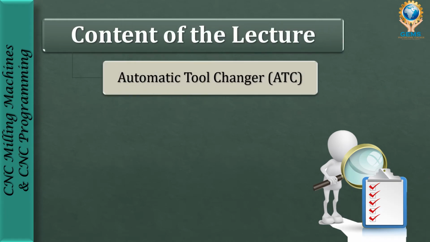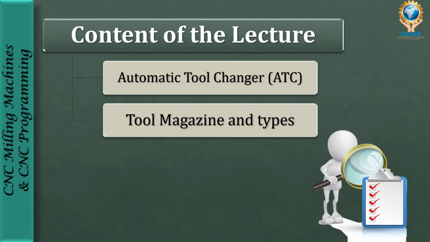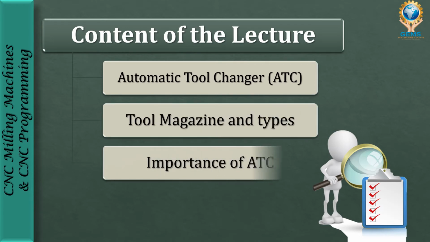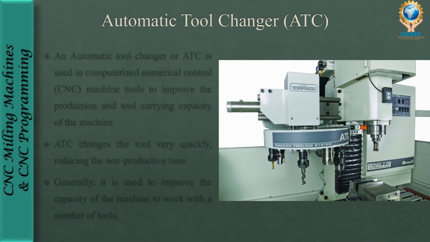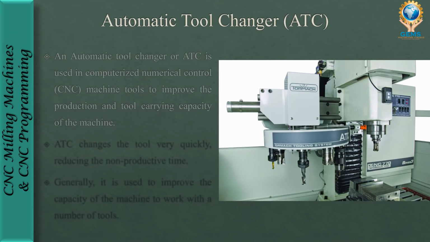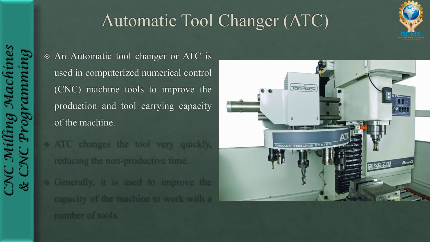In this lecture we are going to see about automatic tool changer, tool magazine and types, importance of ATC and the application of ATC. ATC means automatic tool changer. So this is one of the important things in CNC machines.